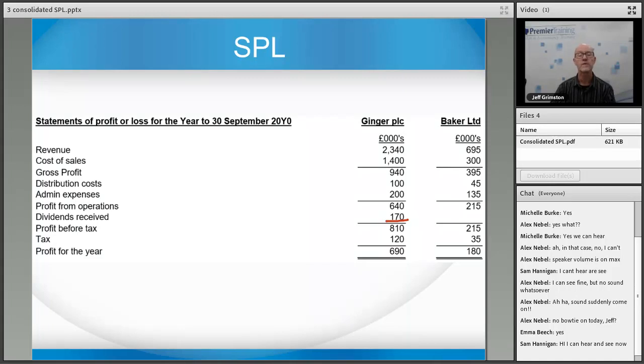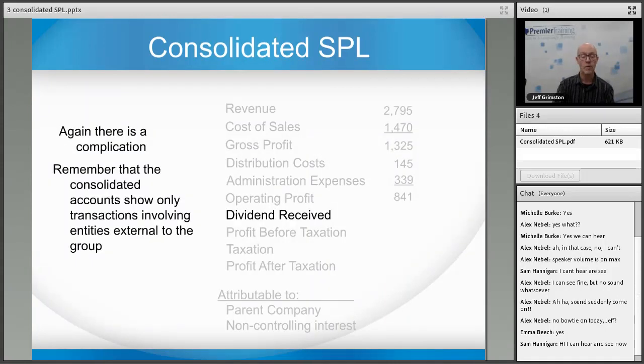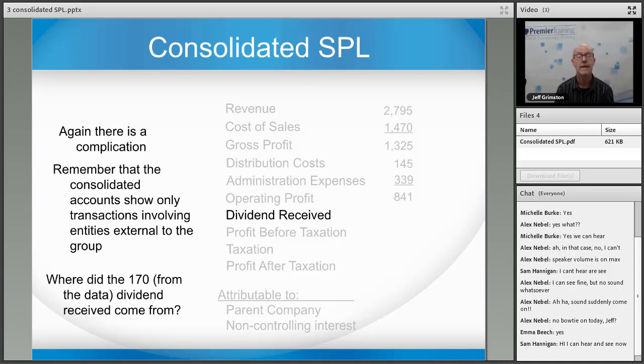So 170 has been received by Ginger, but as with the revenue, as with the cost of sales, what we have to ask ourselves is, did all of that dividend received come from outside the group, or is any of it within the group? So let's take a look now. And sure enough, there is a complication. Where did it come from? Let's look at the notes once again.